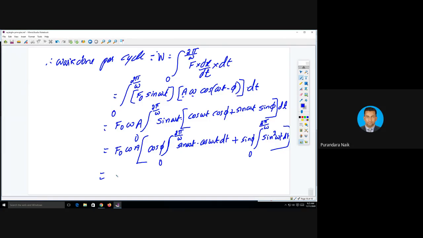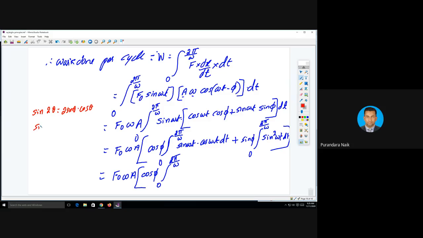Next. F naught omega a into cos phi, integration from 0 to 2 pi by omega. Here we have sine omega t cos omega t. I'll write it here. I have the formula sine 2 theta is equal to 2 sine theta cos theta.